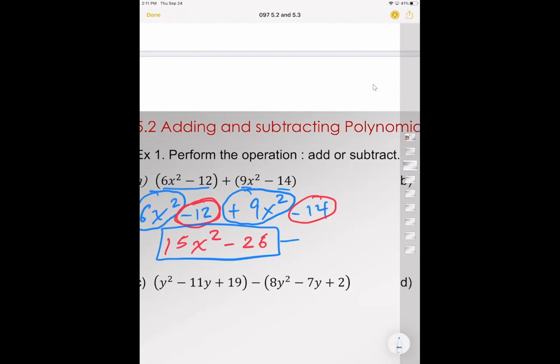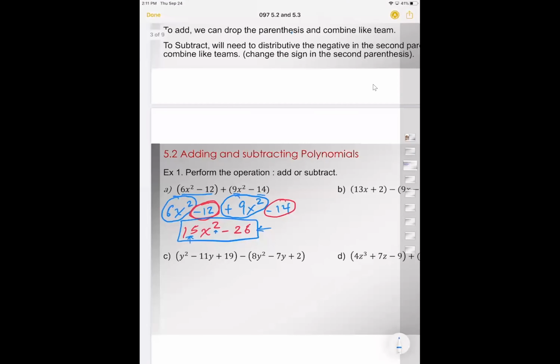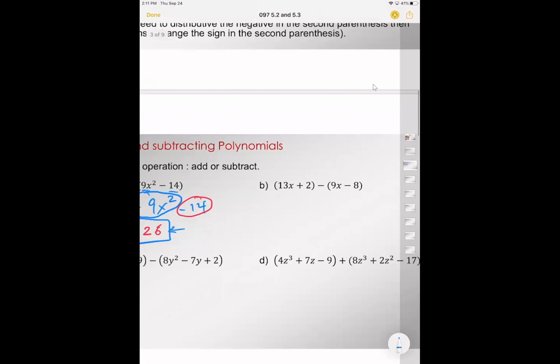Then we will say this is a second degree binomial, and the leading coefficient will be 15. That's the terminology that you will probably see.